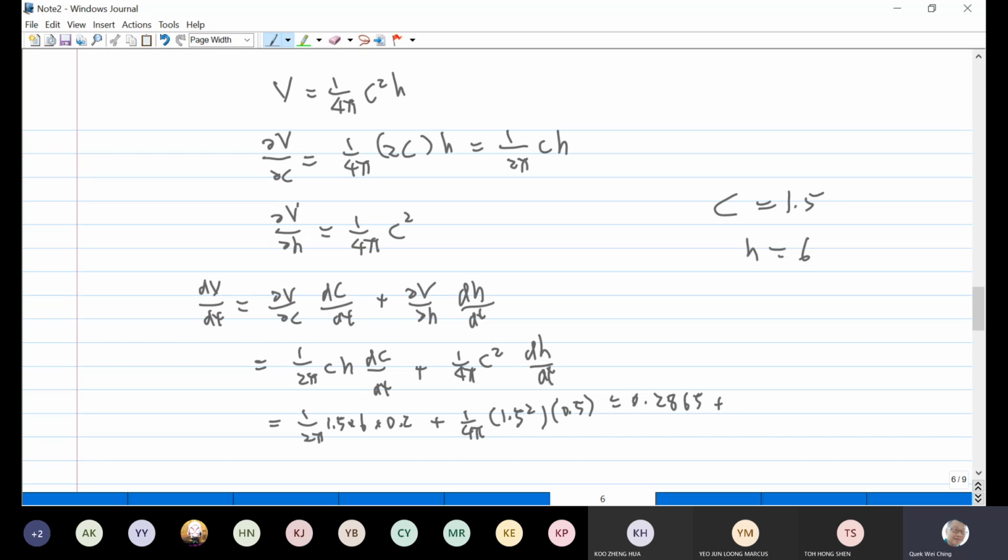Second term, let's see what it is now. 1.5 squared times 0.5 divided by 4 pi is 0.08.